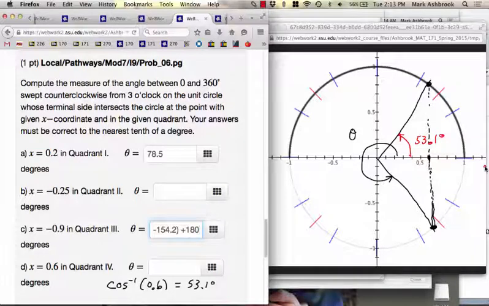I'll subtract it from 360. That's right. By symmetry, that's also 53.1. So we take the 360 all the way around, subtract the 53.1, and we get the one we want.